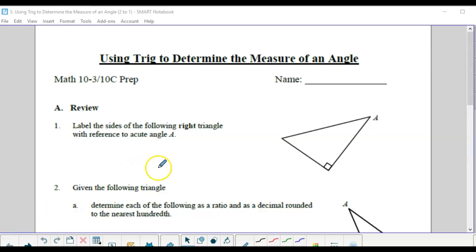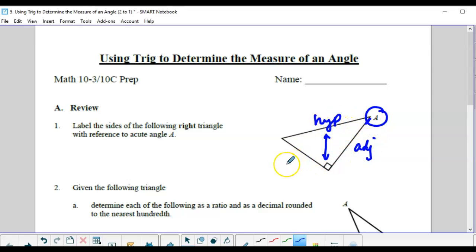Okay, so just like always, you want to label your triangle with reference, in this case, to angle A. So that means the hypotenuse, remember, is opposite the 90 degrees. Touching angle A is the adjacent with the hypotenuse, and opposite angle A is the opposite side.